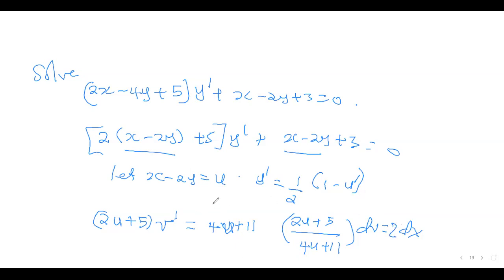So when you carry out a long division, what is going to happen? So you will have something like 2u plus 5. This is 4u plus 11. Okay?